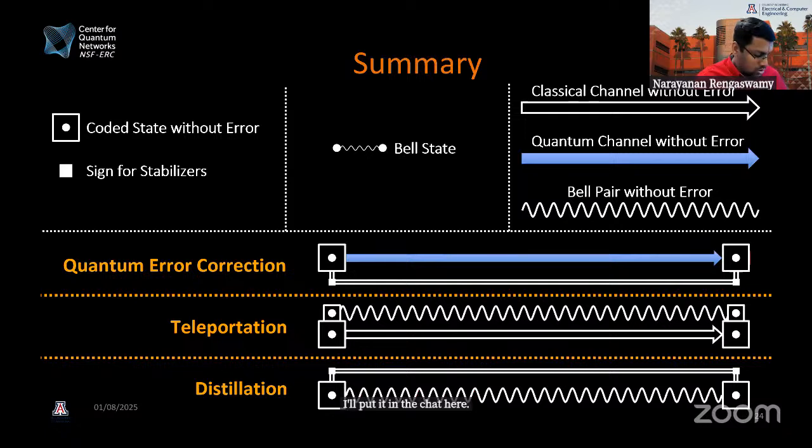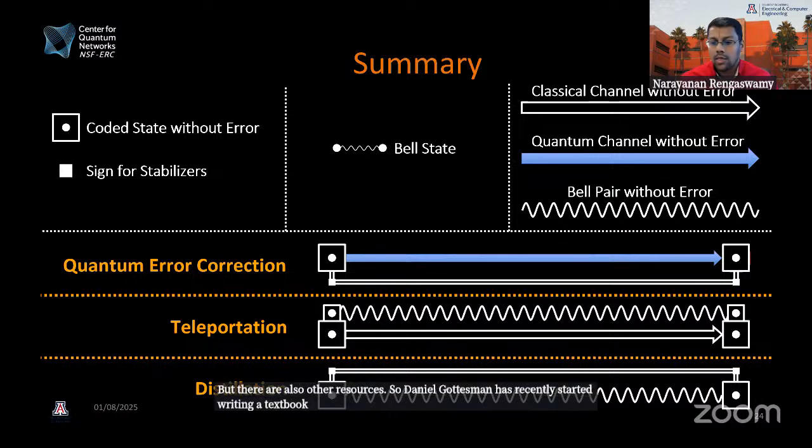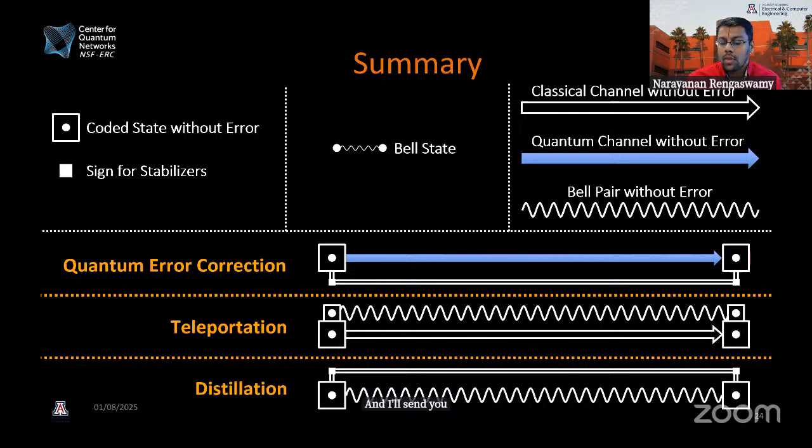But there are also other resources. Daniel Gottesman has recently started writing a textbook on quantum error correction, and he has released half the textbook so far. If you Google, I think you should be able to find it. If not, feel free to send me an email and I'll send you the link. But I think that's an excellent and comprehensive resource.